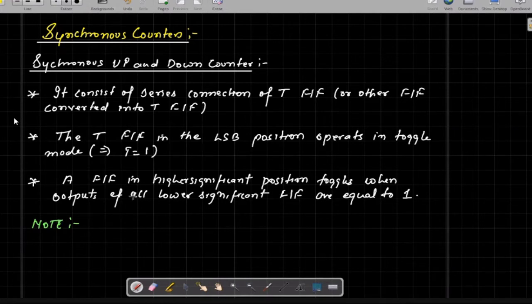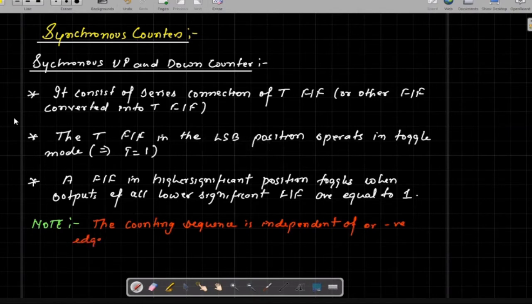This note point says that the counting sequence, this is very, very important, the counting sequence is independent of positive or negative edge triggering. Positive or negative edge triggering.